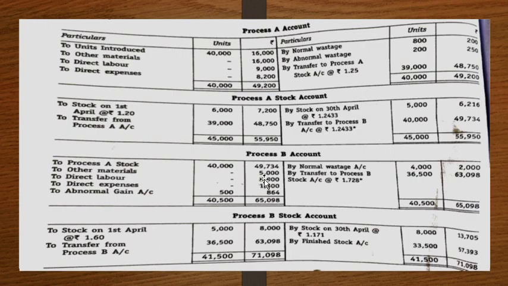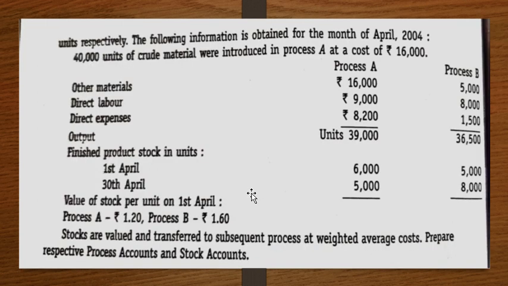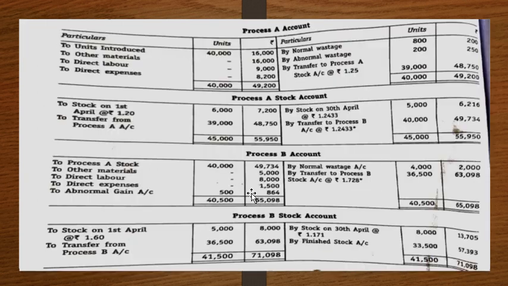So we are taking material, labor and other expenses as 5,000, 8,000 and 1,500. So we have taken your inputs, and 49,734, 5,000, 8,000 and 1,500 is the total cost.